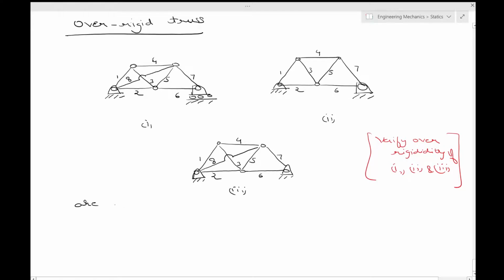So they are redundant internally, so member 3 or 8.